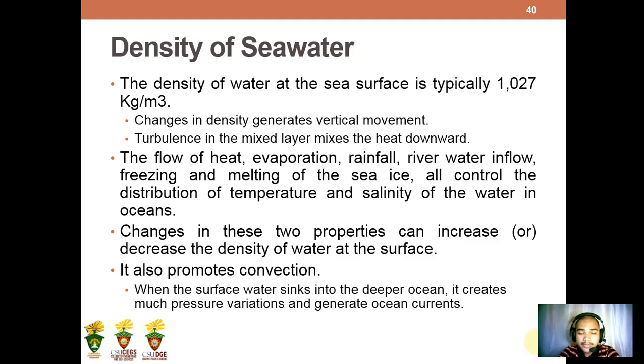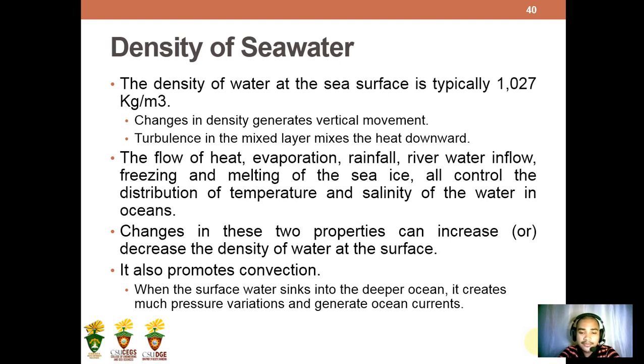And the flow of the heat, evaporation, rainfall, river water inflow, and the freezing and melting of the ice at the sea, all control the distribution of the temperature and salinity of the water in the oceans. So the flow of the heat, the evaporation, rainfall, including the melting of the sea ice, is controlled based on the temperature and the salinity of the seawater.